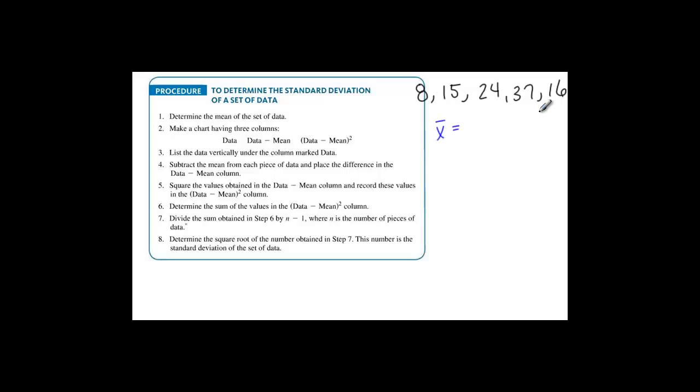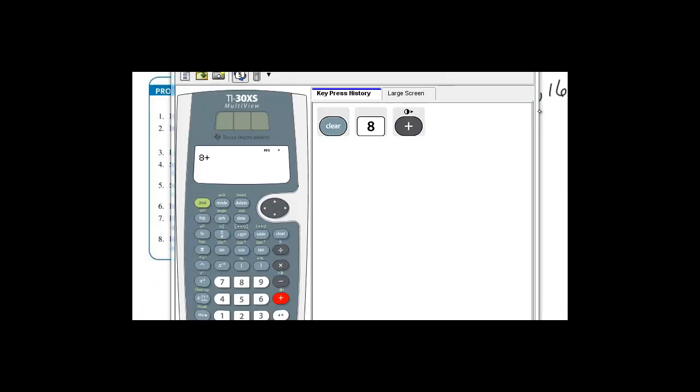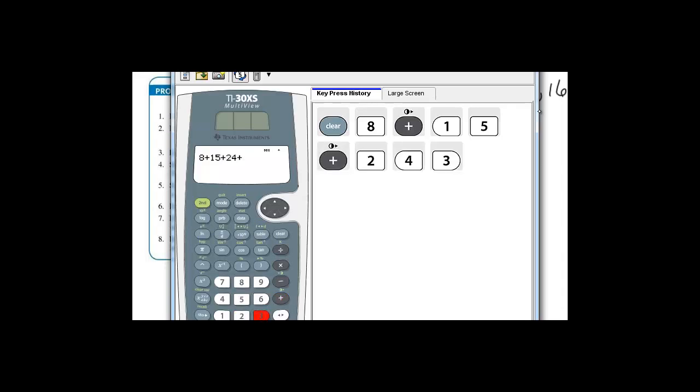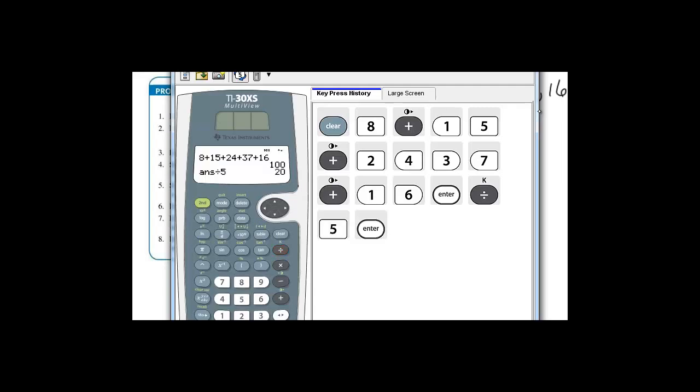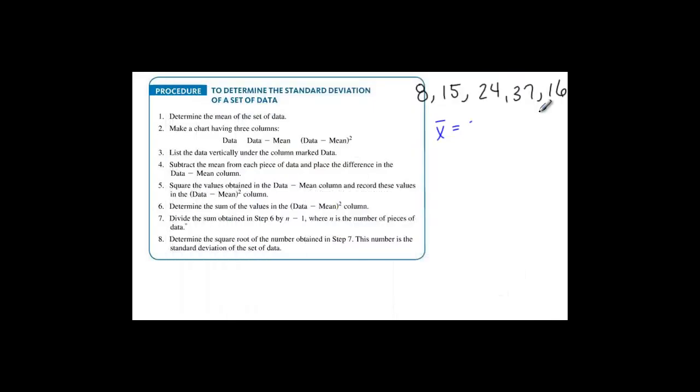To determine the mean, we would add 8 plus 15 plus 24 plus 37 plus 16, and then divide that by the 5 pieces of data, which gives me a mean of 20. So the mean is equal to 20.